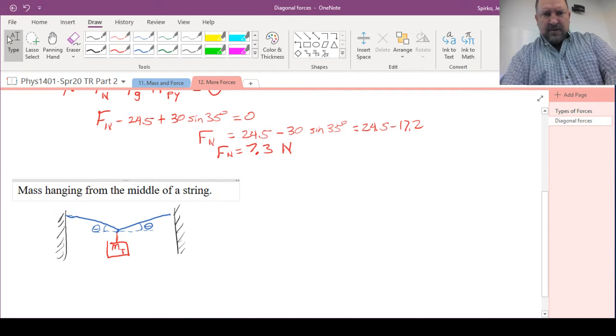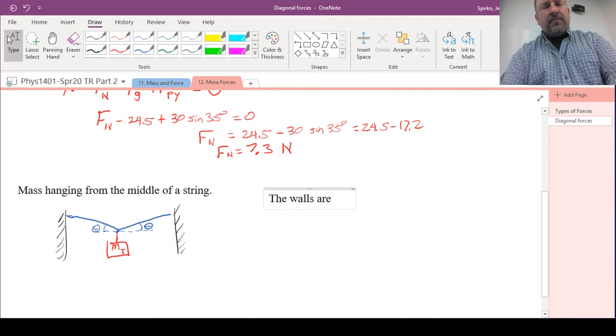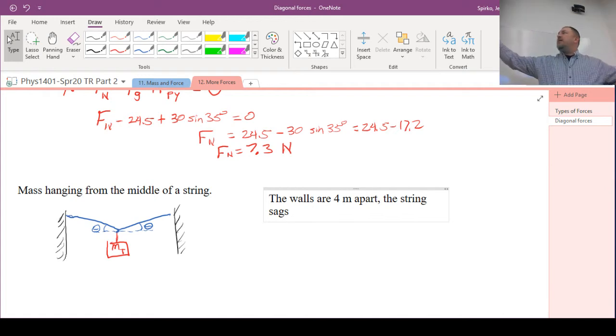Let's say the walls are 4 meters apart. 4 meters apart is like the length of this screen.